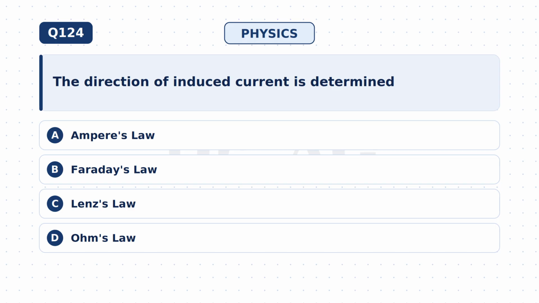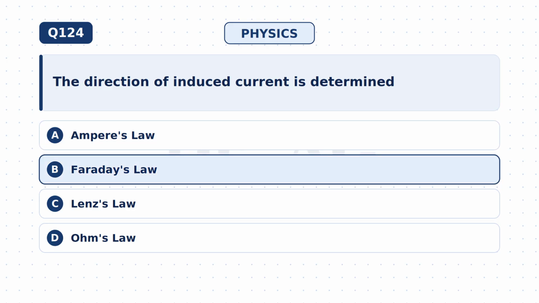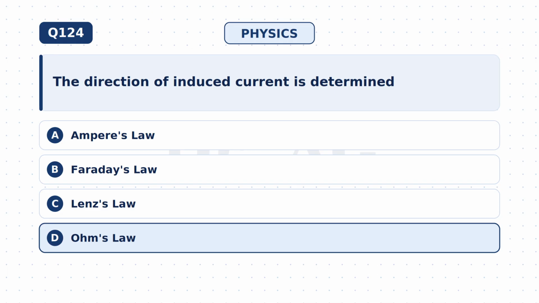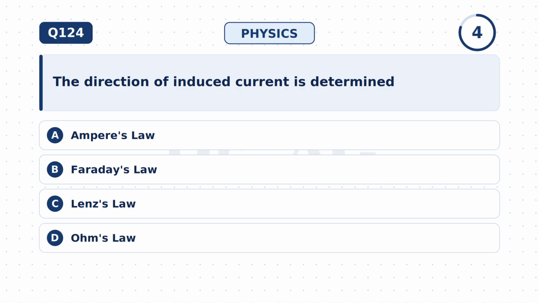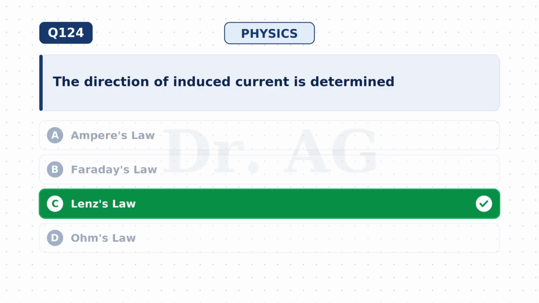The direction of induced current is determined: Option A, Ampere's law. Option B, Faraday's law. Option C, Lenz's law. Option D, Ohm's law. The correct answer is C, Lenz's law.